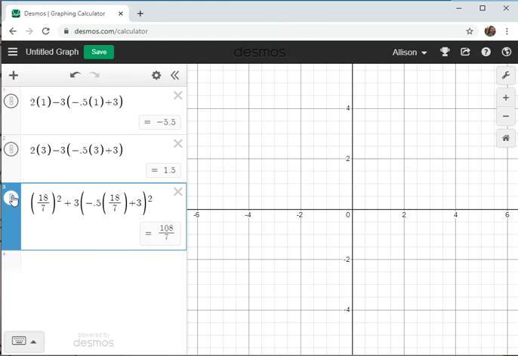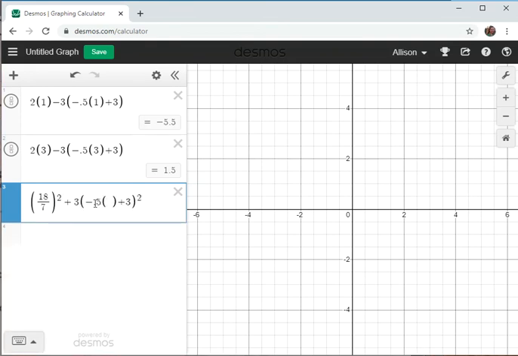I get 108/7, which is approximately 15 point something, 15.4 say. That's only for my reference. And then plug in 6. So if I plug in 6, I get 36.